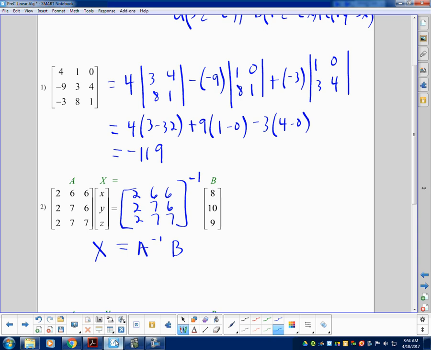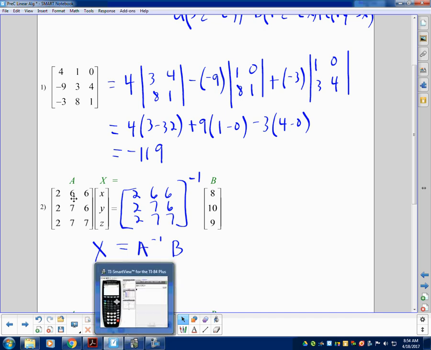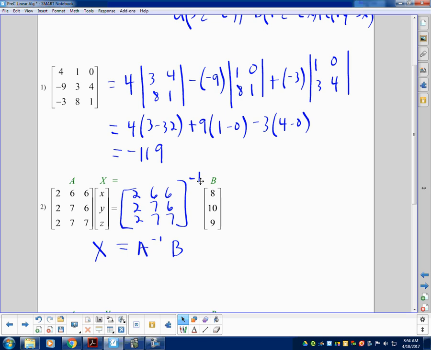We could actually write what the inverse is. We can also have the calculator calculate the inverse of this for us. So that's actually what we're going to do: we are going to go back to our calculator here, and we're going to enter in that matrix A, and then have the calculator find the inverse of it and multiply it by B, all in the same step.